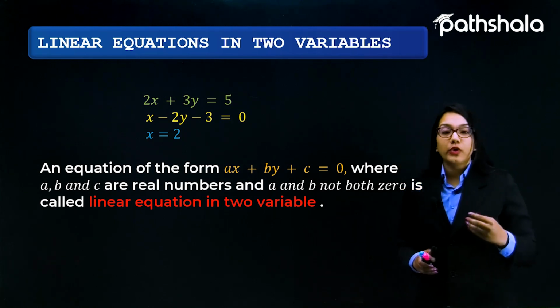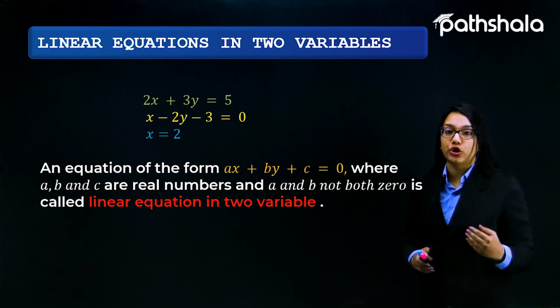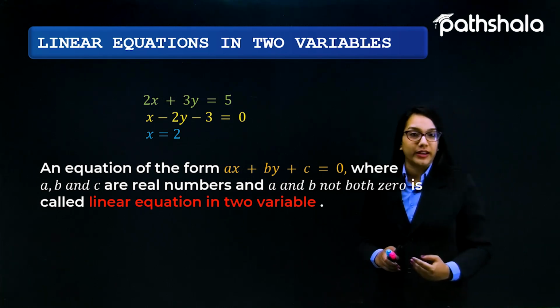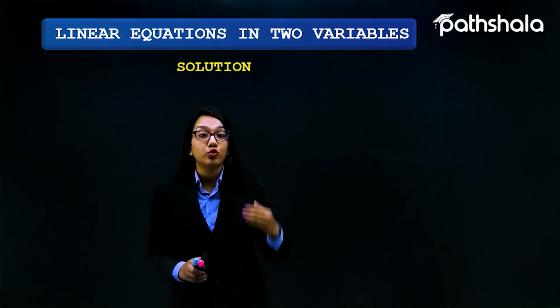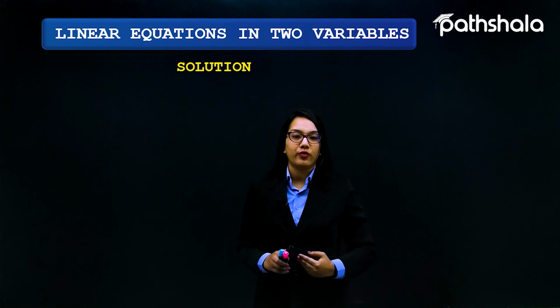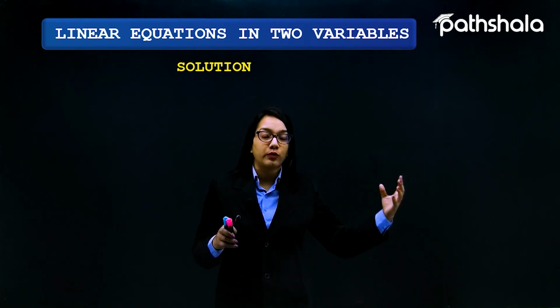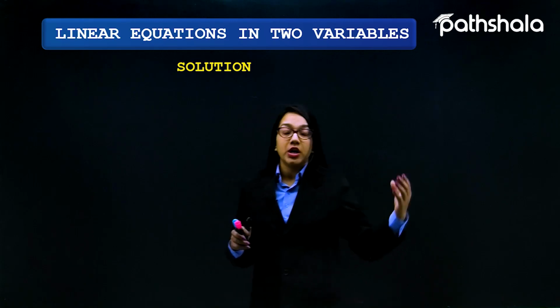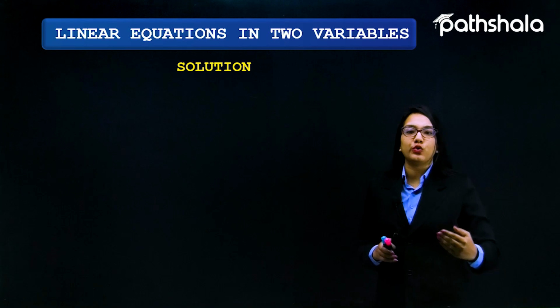Moreover, we have also learned the concept of a solution of a linear equation in two variables, because this is really an important concept before going on to the pair of linear equations. So what is the meaning of a solution of a linear equation in two variables?